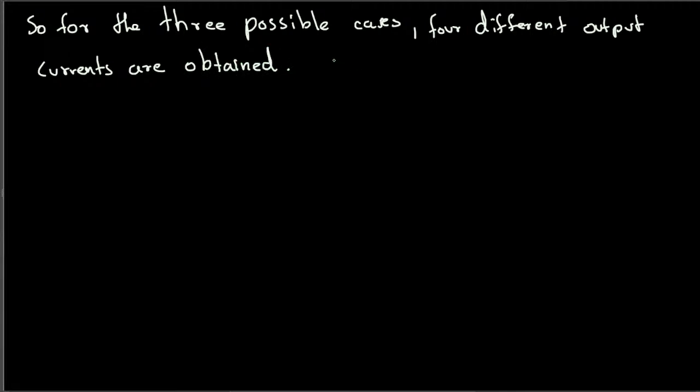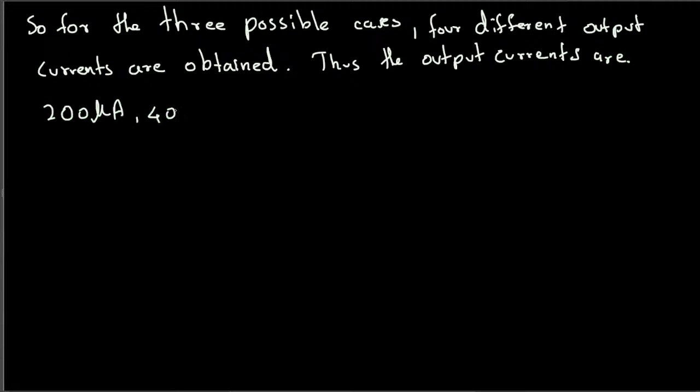Thus the output currents are 200 microampere, 400 microampere, 25 microampere, and 50 microampere. Okay, so these are the 4 different output currents.